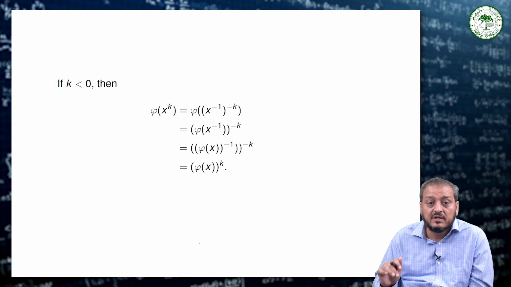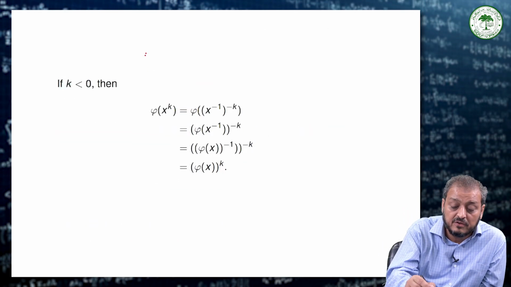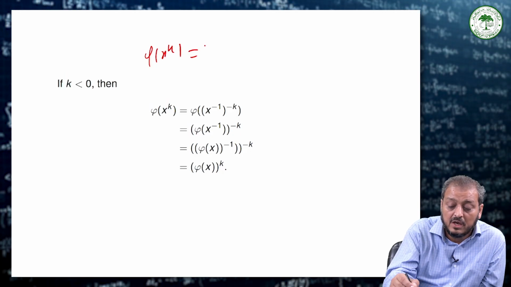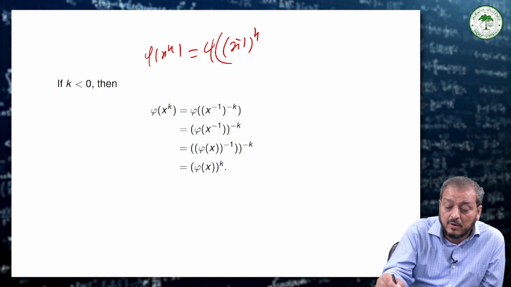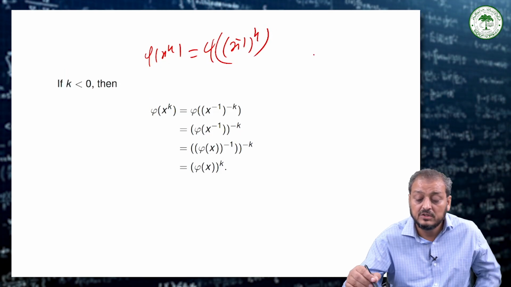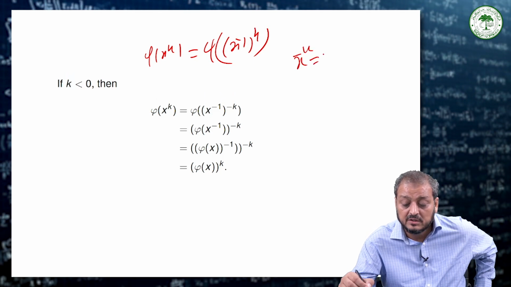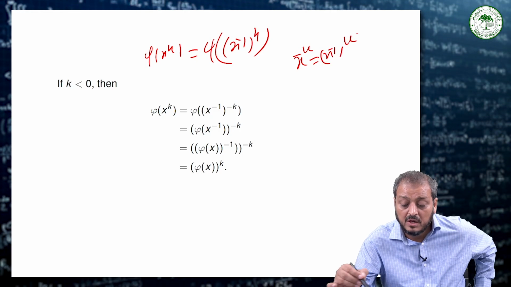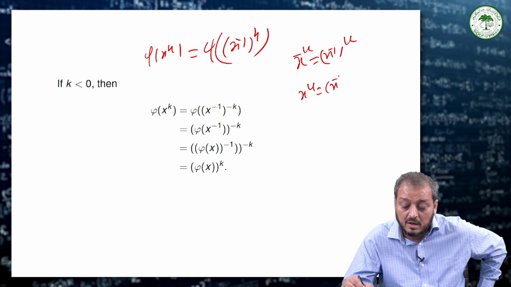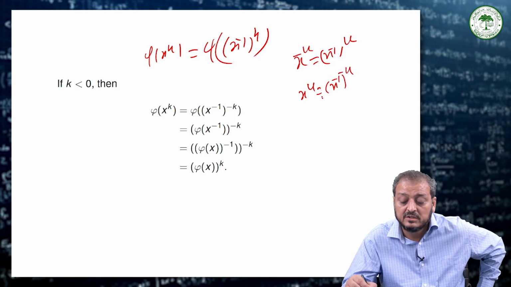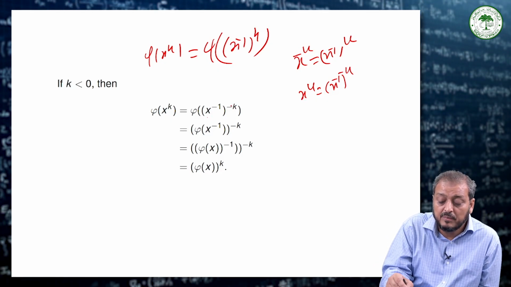Now we try to prove the same result in the case where k is less than 0. If k is less than 0, we can write phi of x to the power k as phi of x inverse to the power minus k, using the property that x to the power minus k can be written as x inverse to the power k. So x to the power k is written as x inverse to the power minus k.